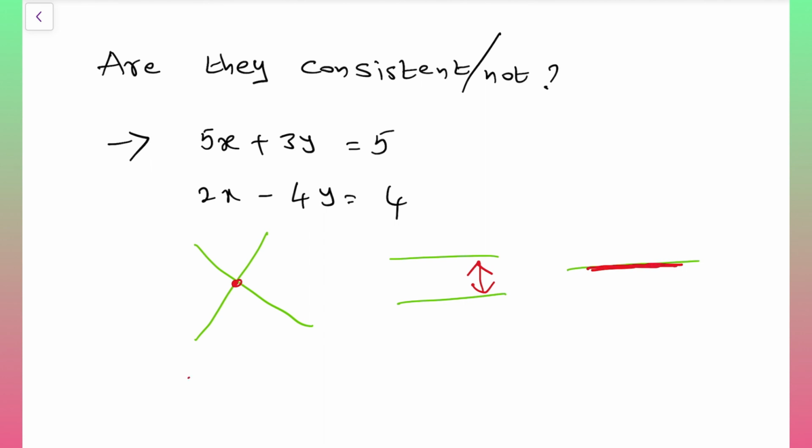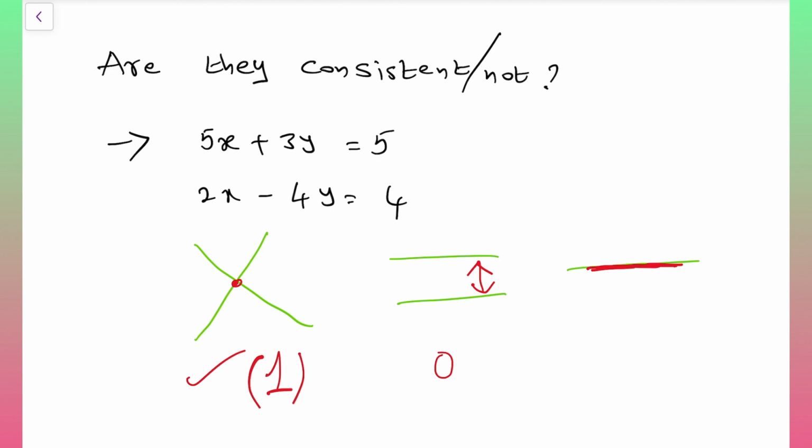In the first case, these two lines are touching each other, so it will have one solution. In the second case, the two lines are not touching at all, those are parallel lines, so 0 solutions. In the third case, the two lines are lying one on another, overlapping, so those lines are called coincident lines.